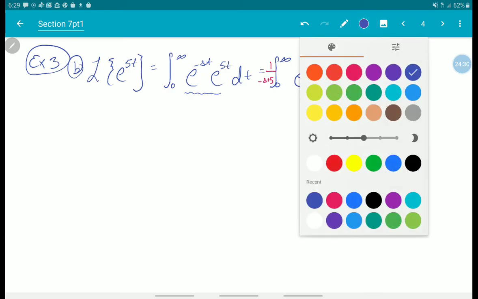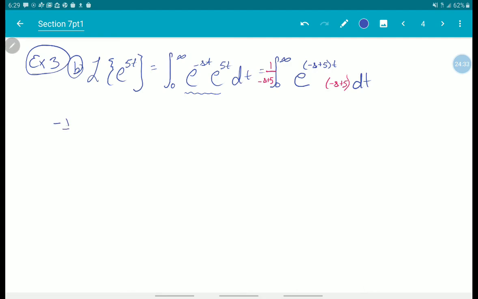So then when we integrate, that negative 1 over negative s plus 5 is out here. When we integrate e to the u, we get e to the u. And we're evaluating from 0 to infinity. So I'm going to rewrite some of this. If I factor a negative out of the bottom, I would have a negative times s minus 5.